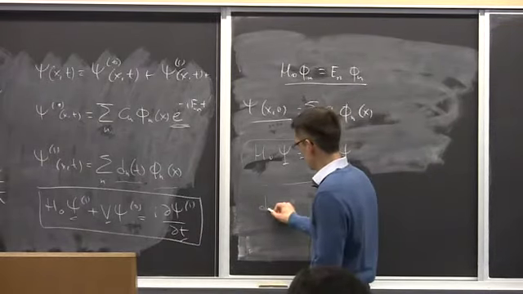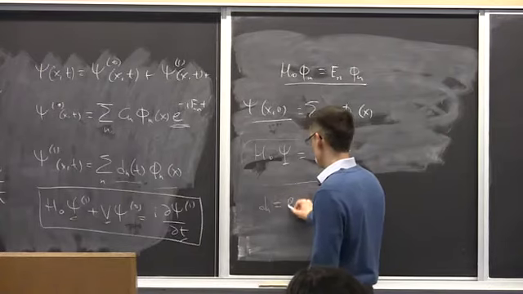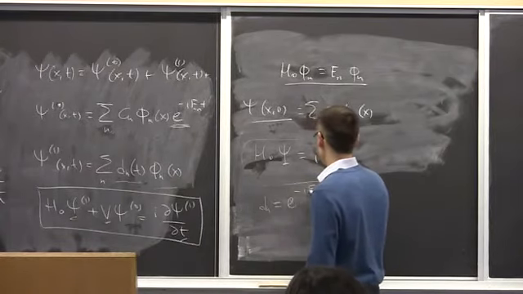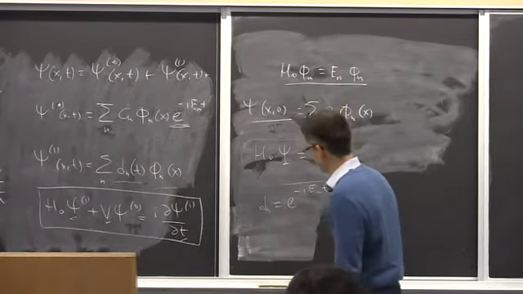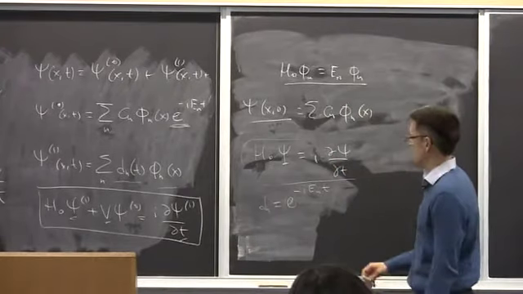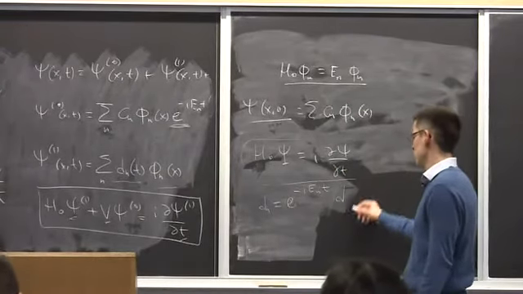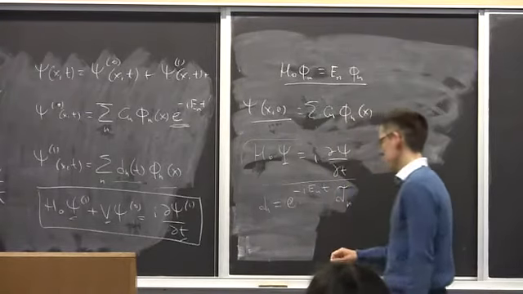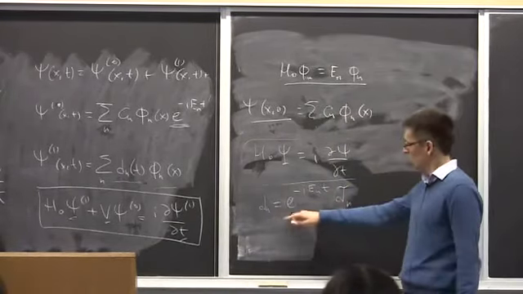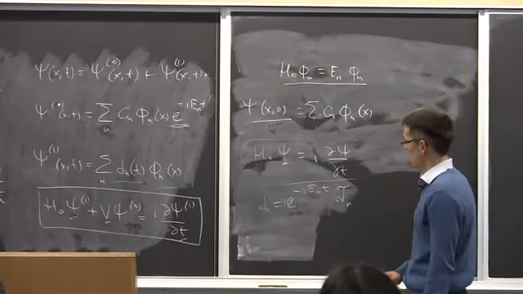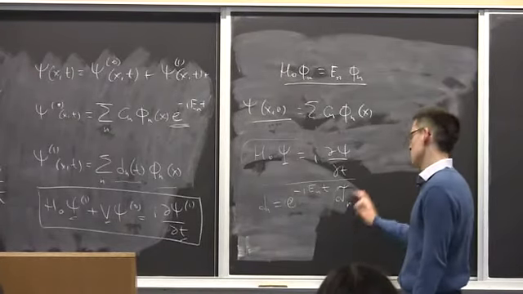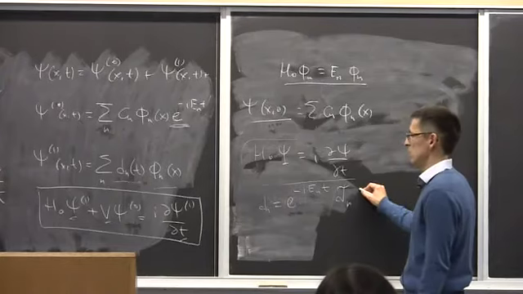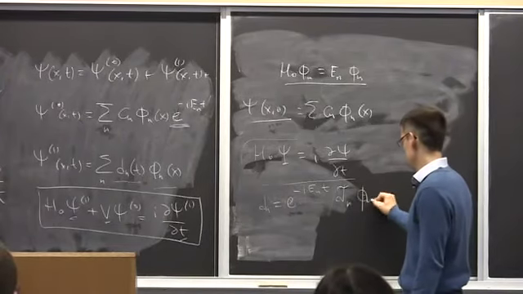We can just say, okay, d_n's are equal to e to the minus i E_n t, which is a bit strange, right? Or like, okay, so we say, all right, there is a time-dependent part and there is a time-independent part. The time-dependent part will be like this, and the time-independent will be some coefficients, right? Why not do this?